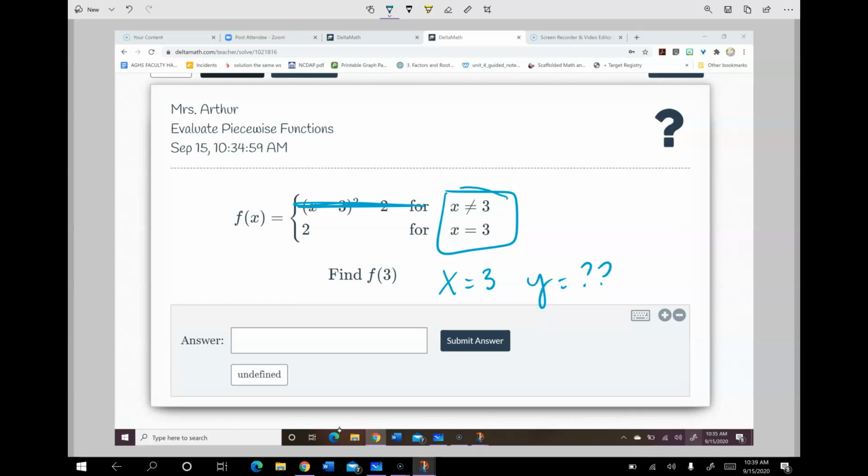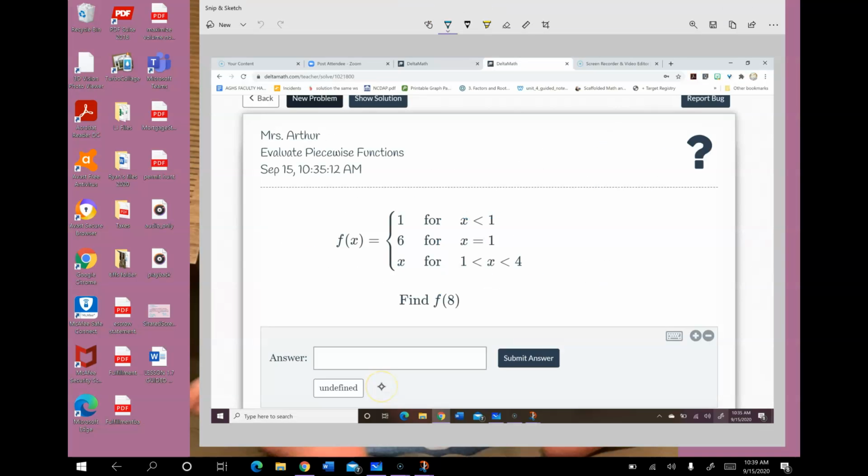I want you to know that this right here means any number but 3. So the second one says x can equal 3. So that's my answer. We got a lot of constants here. So my answer is just 2. All right. Next one.